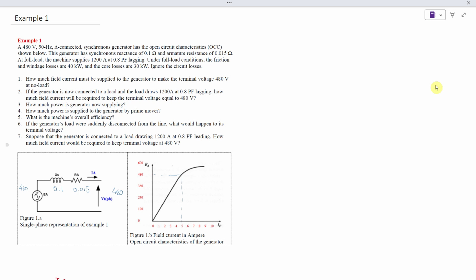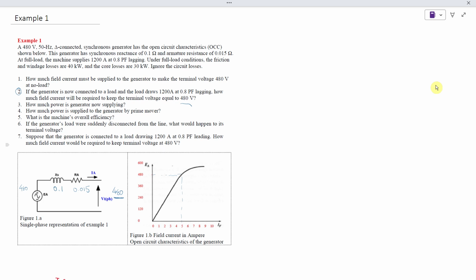The second question: if the generator is now connected with this load, a full load, how much field current will be required to keep the terminal voltage at 480? We still want 480 at the terminal. At this time, a very heavy current is being drawn by the load, so there will be voltage losses.